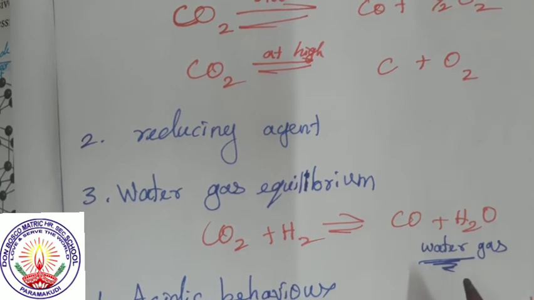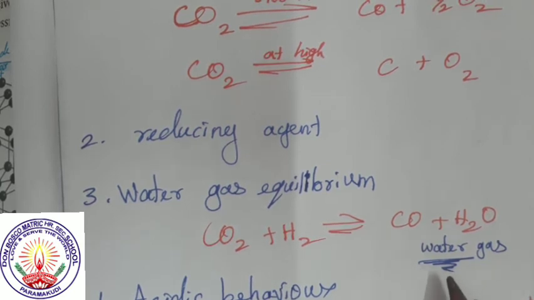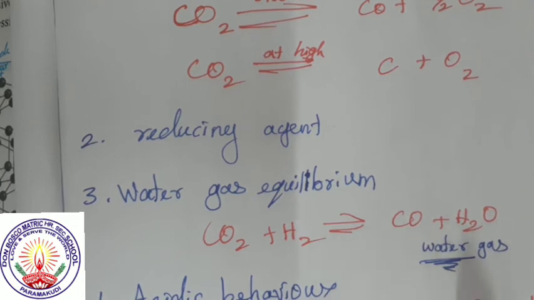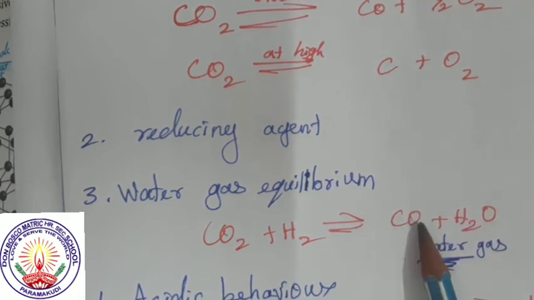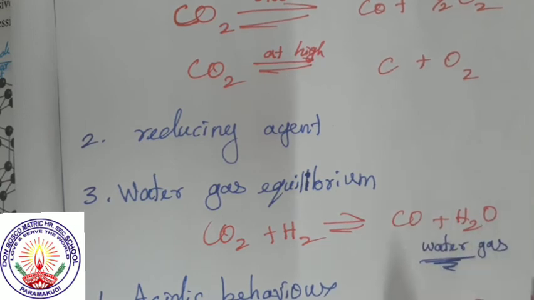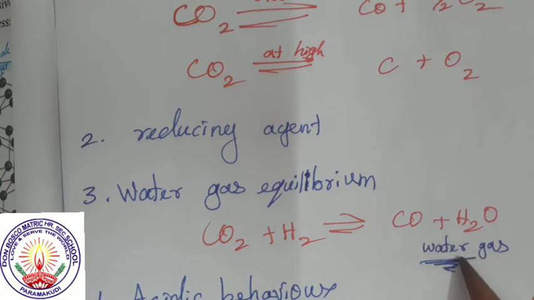Producer gas is nothing but carbon monoxide plus nitrogen, 2CO plus N2, and this is water gas, that is carbon monoxide plus water in equilibrium state. So these water gas and producer gas are used as industrial fuels.